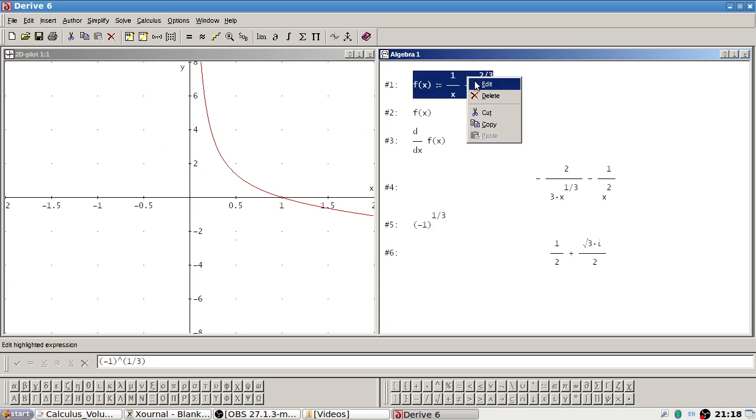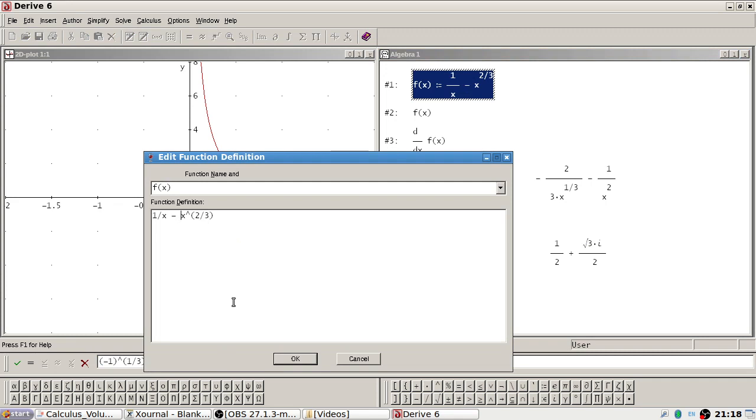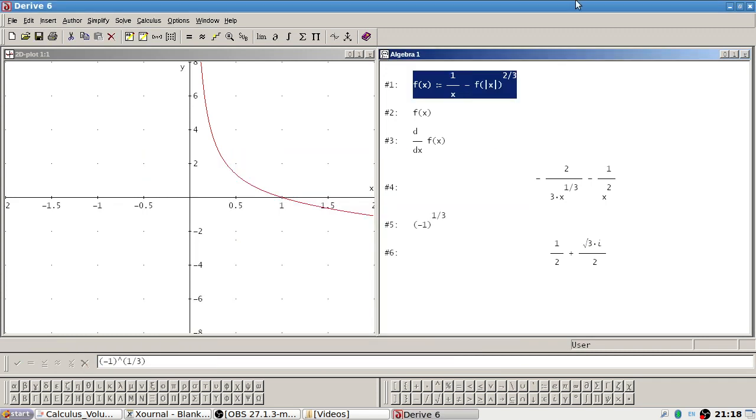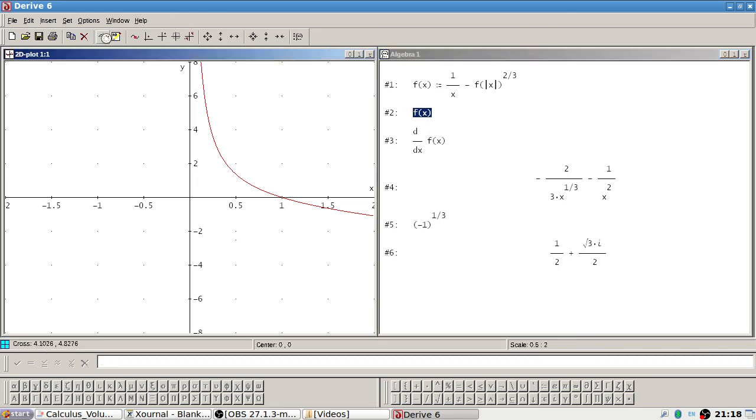I'm gonna cheat a little bit. Just see what happens. No, I've crashed it. I didn't mean f. I meant absolute. I should have typed in abs, not fabs. Now it's stuck because it's recursive now.